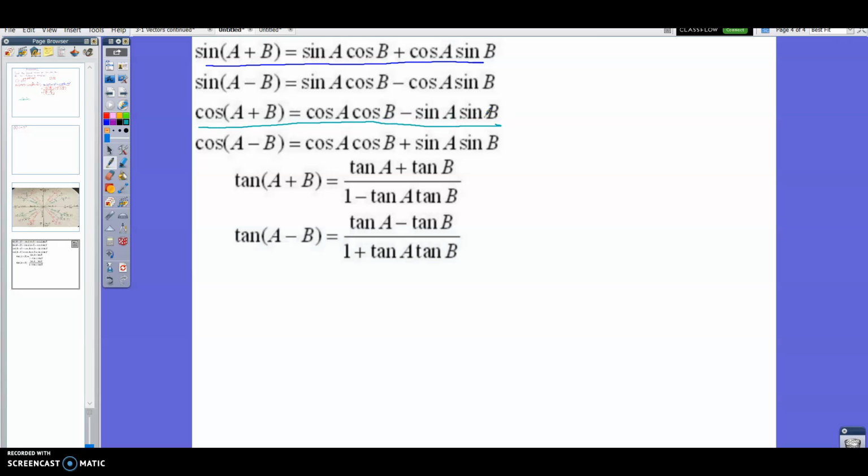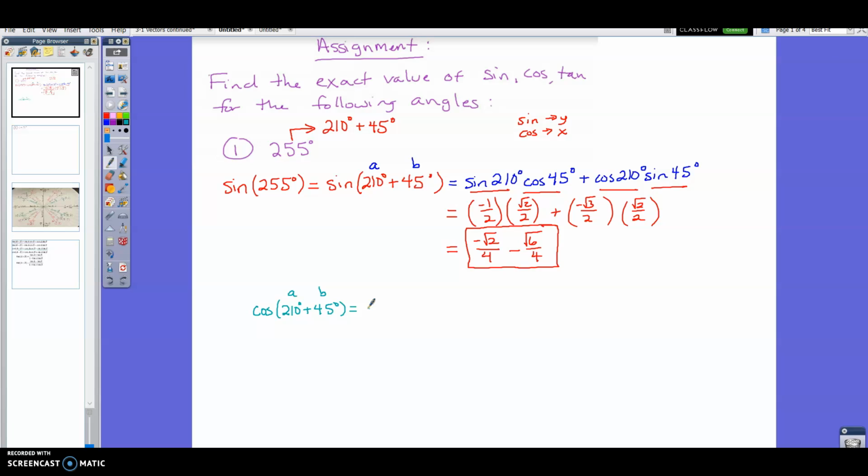Cosine A, cosine B, minus sine A, sine B. So we're going to have the cosine of the first angle, 210, times the cosine of the second angle, 45, minus the sine of the first angle, which is 210, times the sine of the second angle, which is 45.